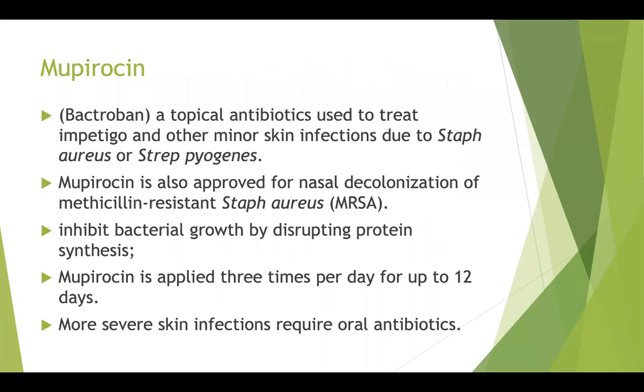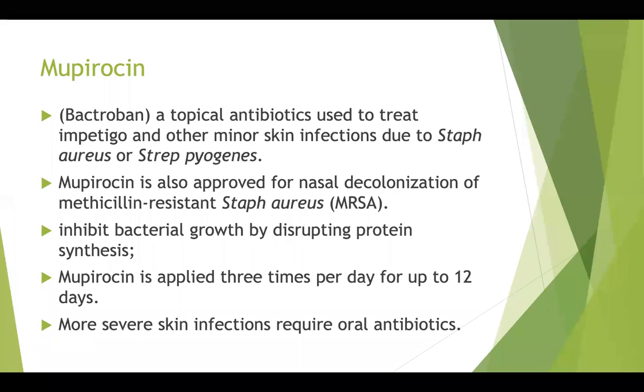Okay, and the next medication now is mupirocin. Mupirocin is a topical antibiotic used to treat impetigo and other minor skin infections due to Staphylococcus aureus or Streptococcus pyogenes. You will commonly see this in the male medical ward.